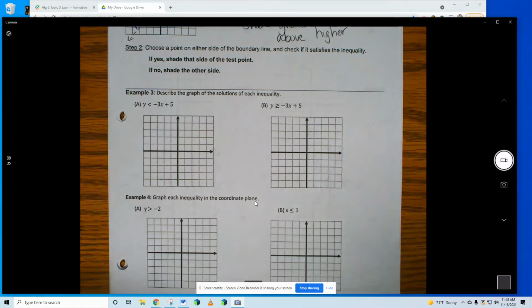Moving down, guys. Let's do example 3 and example 4. So example 3, A and B, look, it's the same line, but I gave you different shading, and one of them is dotted and one of them is solid. So let's do negative 3x plus 5.